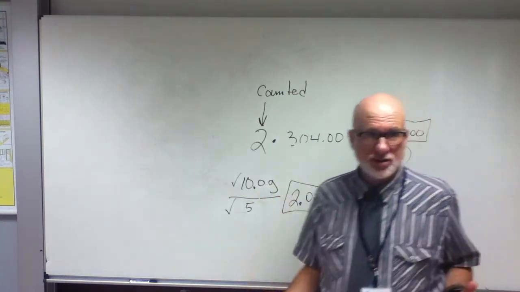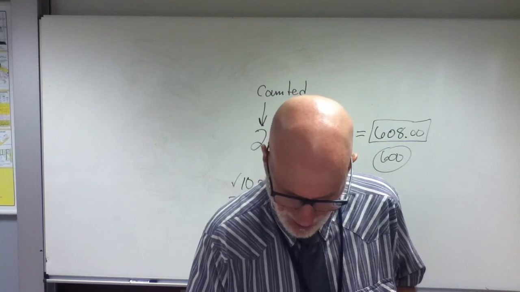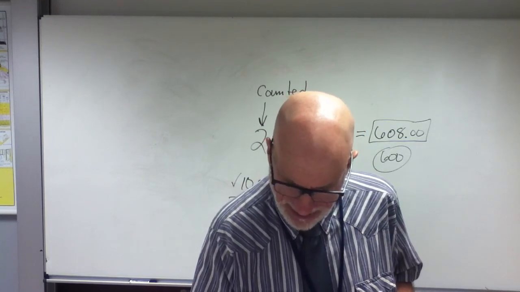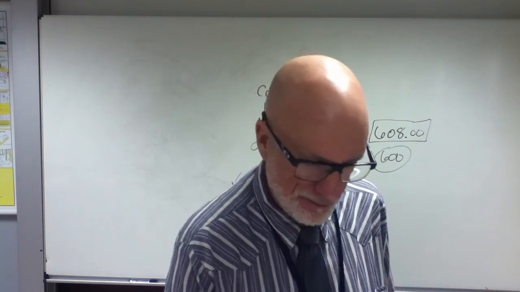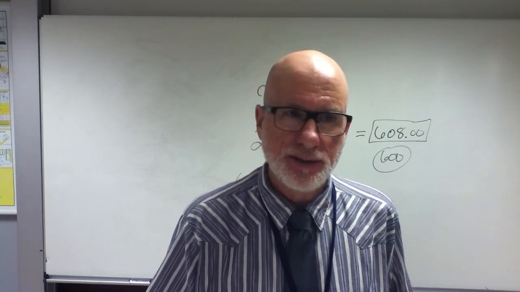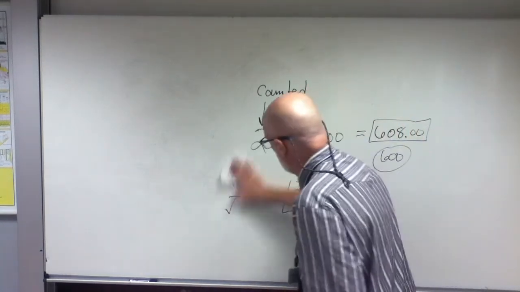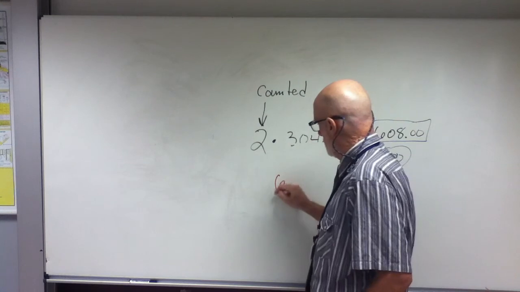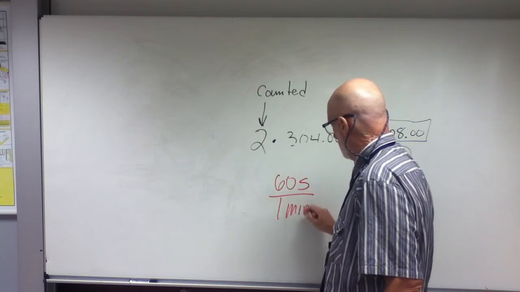So that's the first situation. The second situation involves a defined quantity found within a system of measurement. Like, how many seconds are in a minute? 60, okay. 60 seconds, 1 minute.